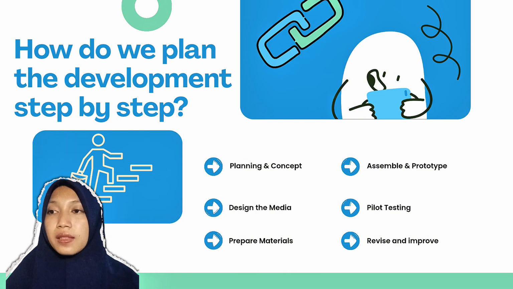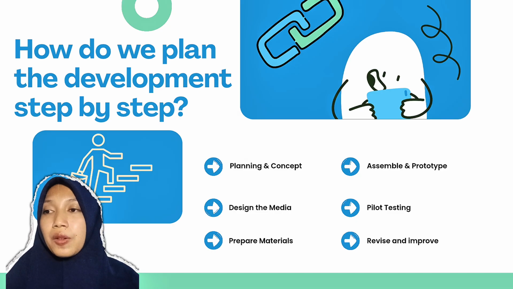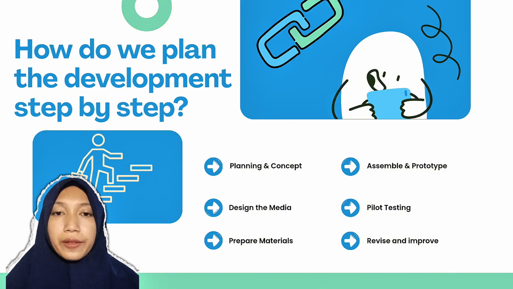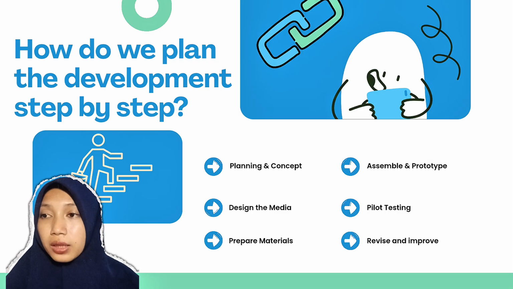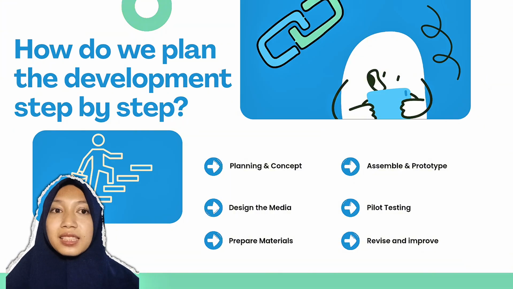And then for the last step, we revise and improve. First, we adjust the spinner layout, pointer, or wording if needed, then update the student worksheet or rubrics based on the feedback we've got, and ensure the challenge goals are achievable but stimulating.